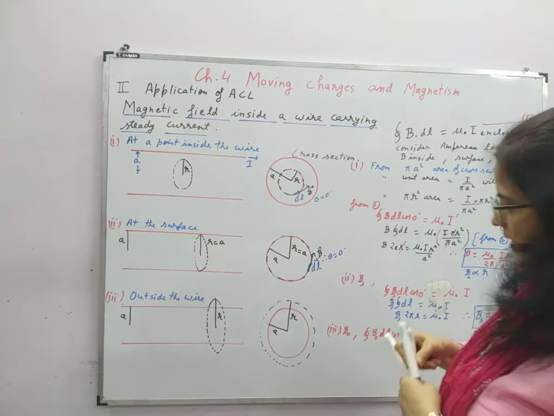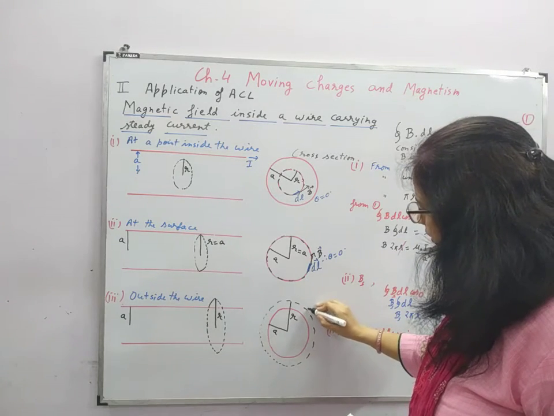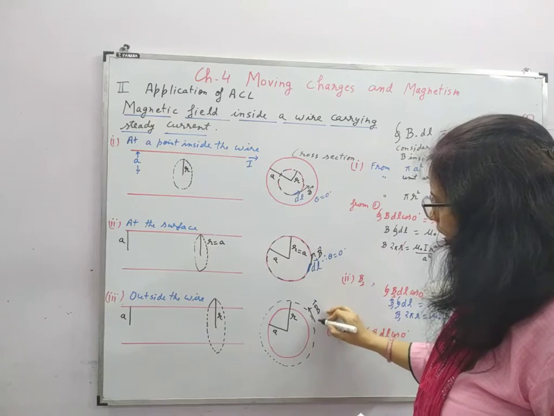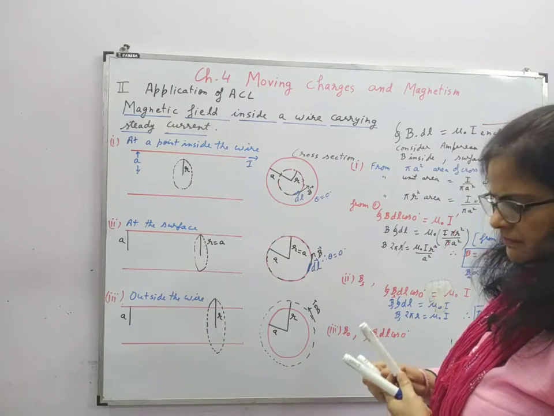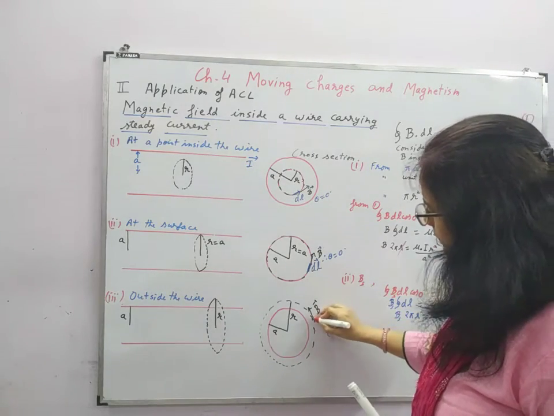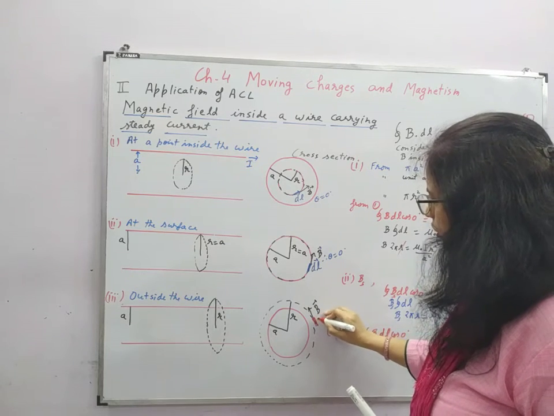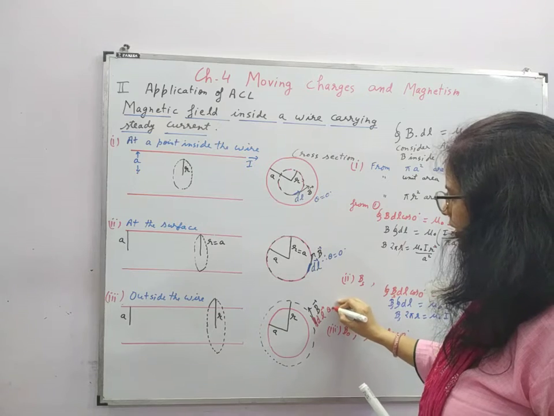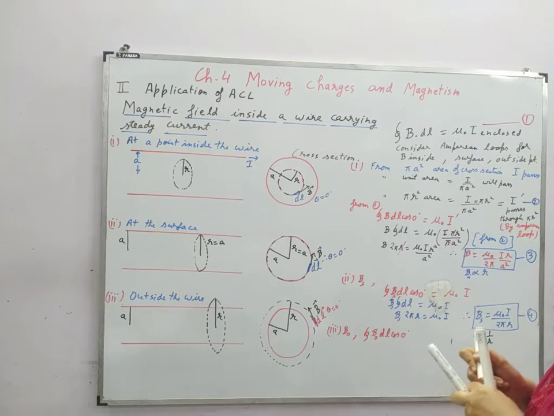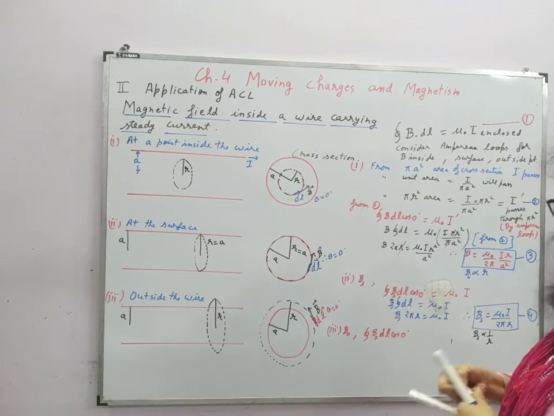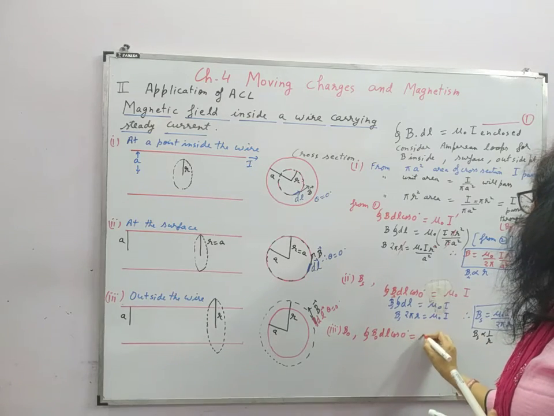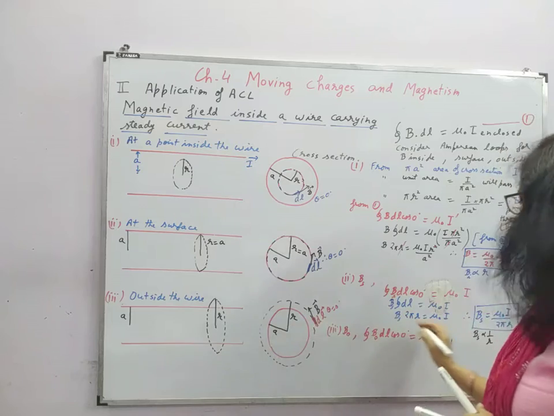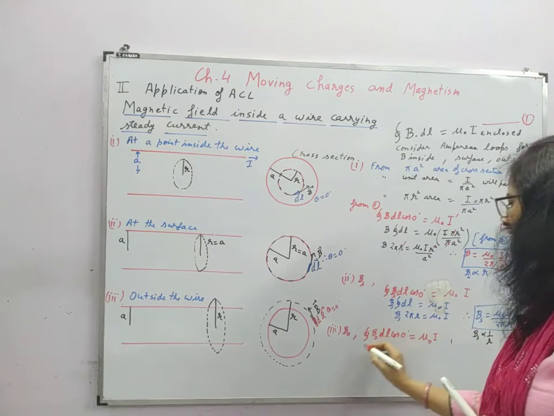Because on this Amperian loop also the magnetic field at any point will be tangential, and the Amperian loop element will also be tangential. So theta is 0 in this case as well. So this is equal to mu naught, and the total current enclosed is the same current which is passing through the wire. So what will I get?